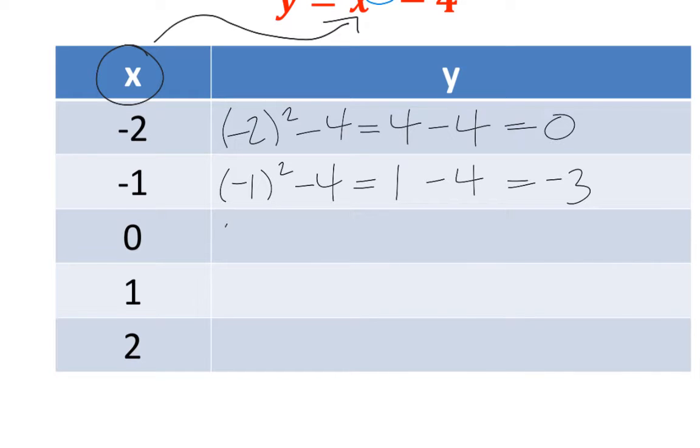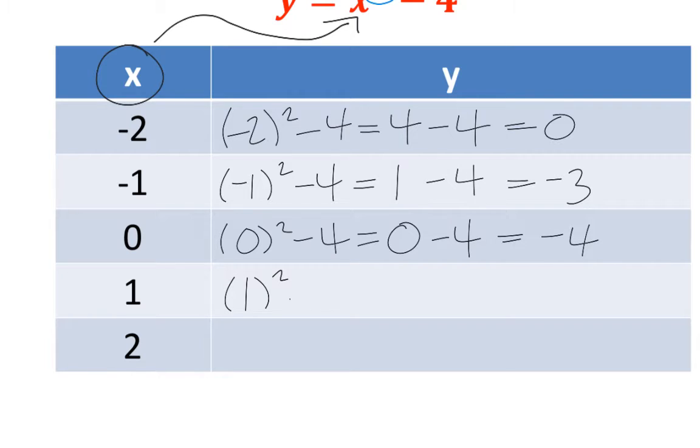Let's do this again. 0 to the power of 2 subtract 4. 0 multiplied by itself is 0. The -4, or subtract 4, stays exactly the same, which leaves us -4. Let's do this again down here. +1 squared minus 4. 1 multiplied by itself is 1. 1 minus 4, be careful, is -3.